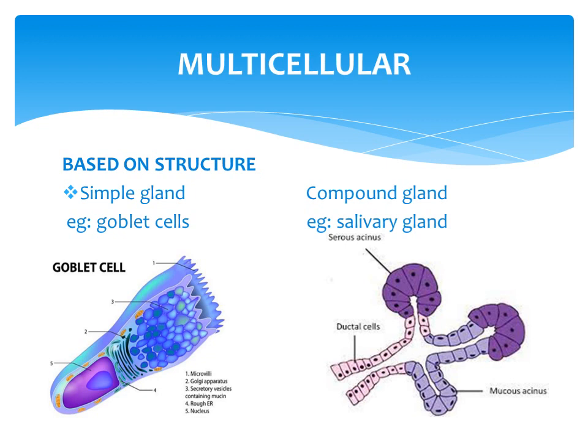Here, in a simple gland, like the goblet cells, only one single unit alone will be there to do the secretory function. That is known as a simple gland. The best example we could say is goblet cells.